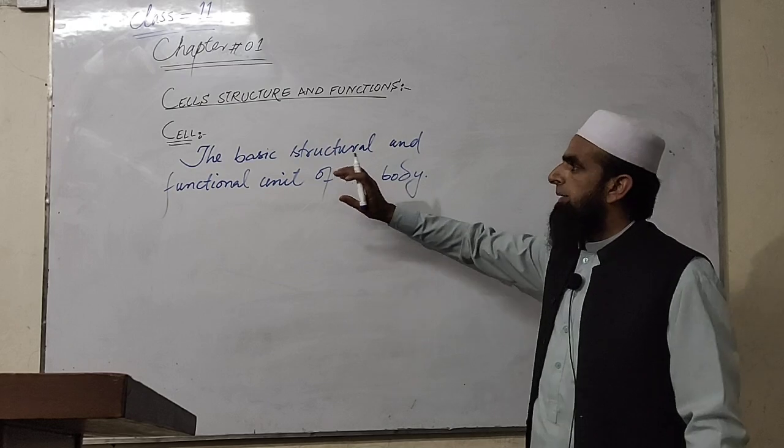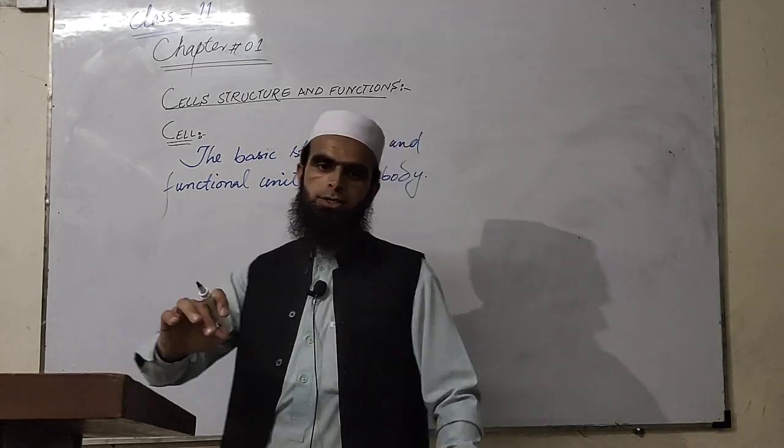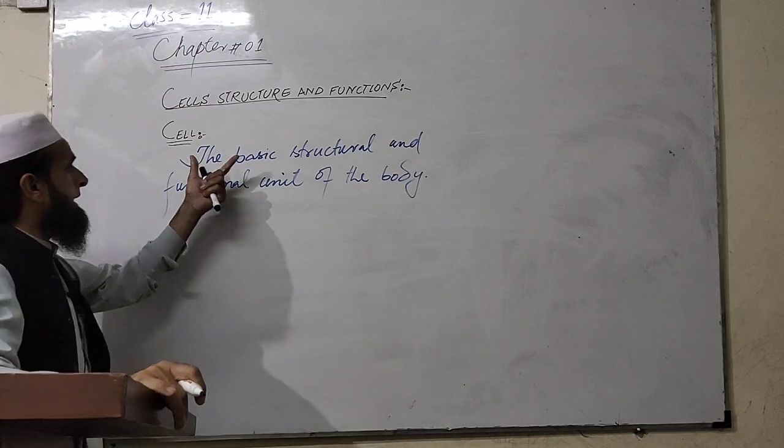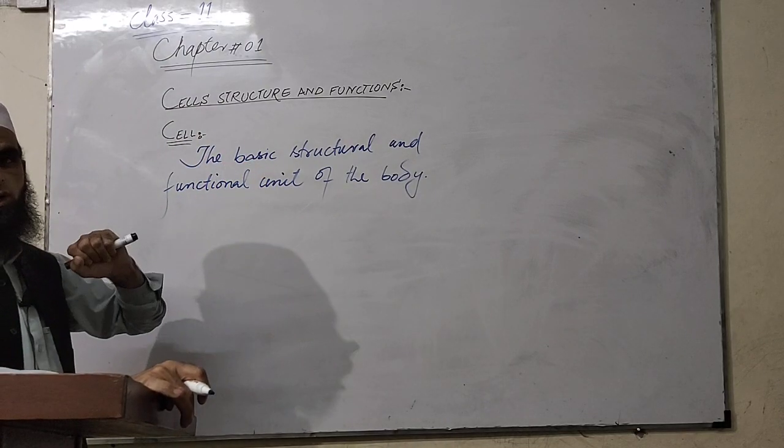This is a building block of which the whole body of a living organism has been made. So we say that it is the basic unit, the basic building block of the body of a living organism.